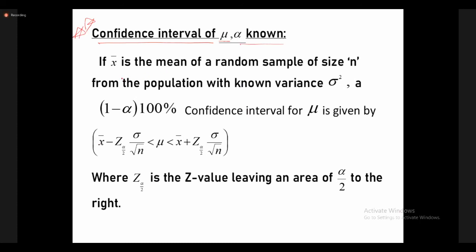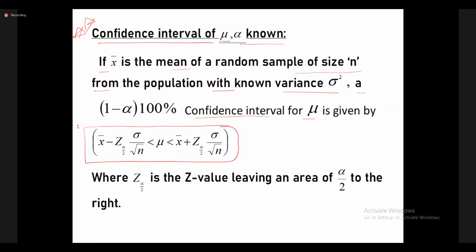If x bar is the mean of a random sample of size n from the population with known variance sigma square, a (1 minus alpha) into 100% confidence interval for mu is given by this, a very, very important formula for finding the confidence interval.